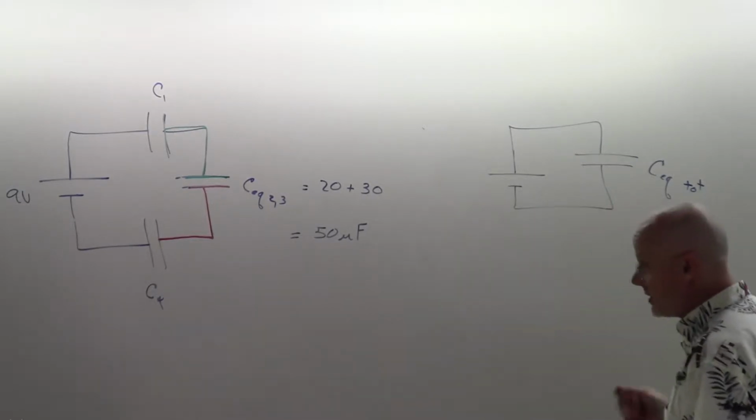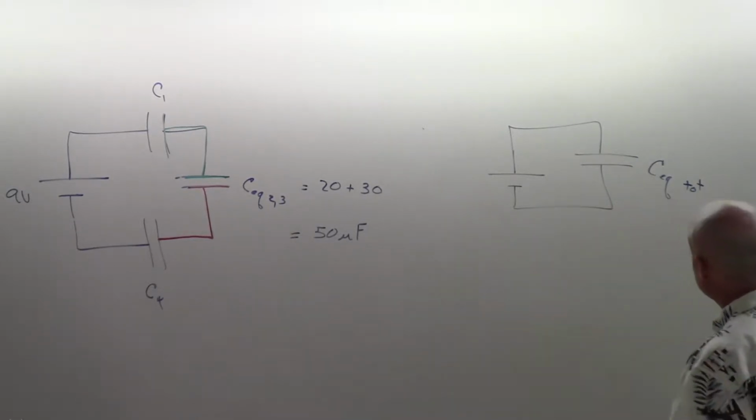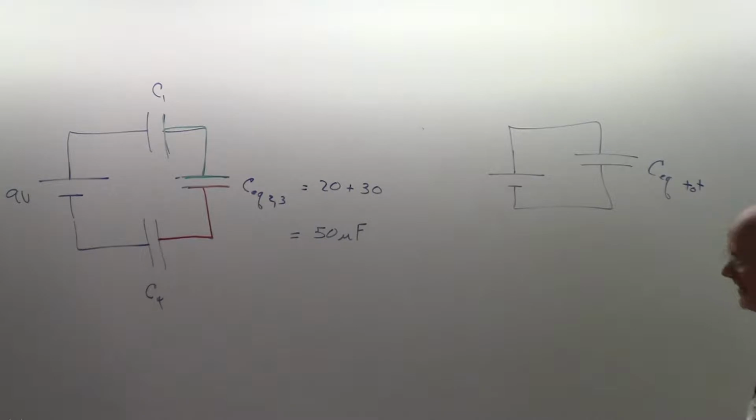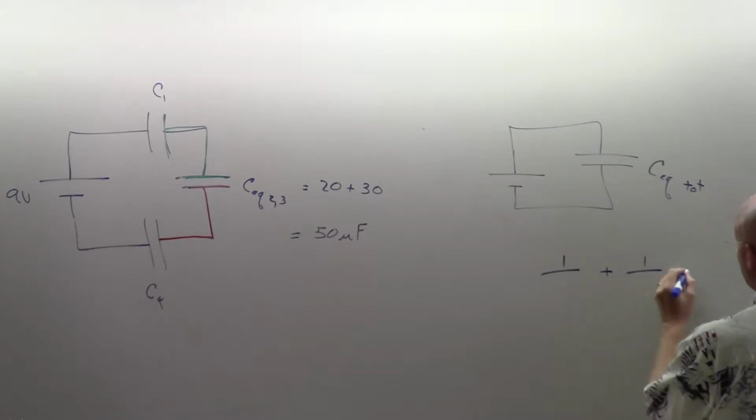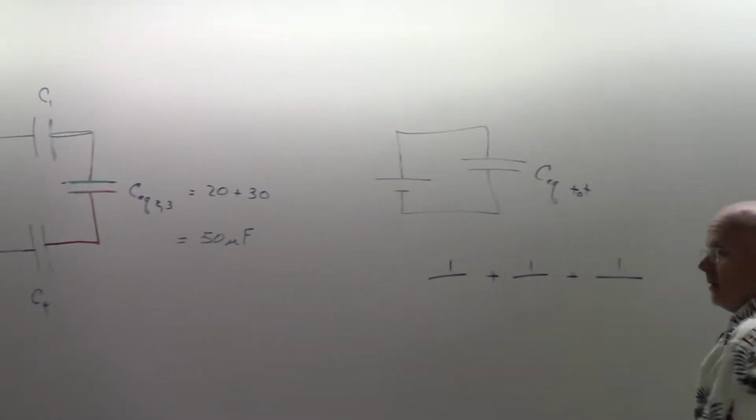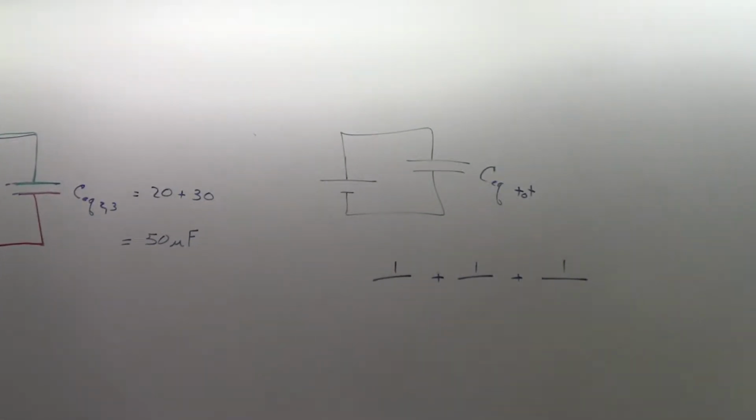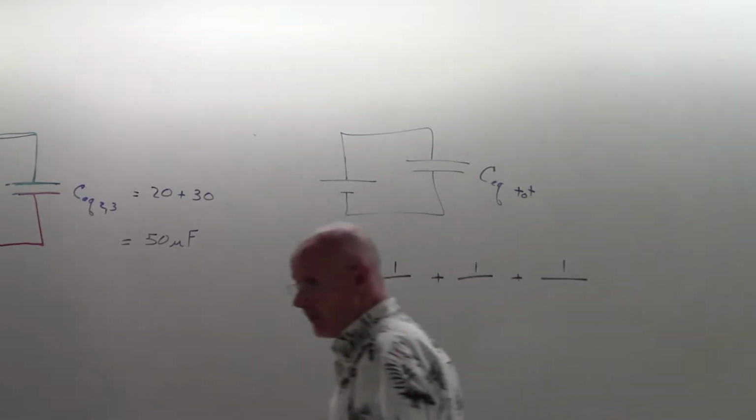Here's a fun one to do. What's the equivalent of this one? Okay, so it's a harmonic sum here, right? And so it's got 3 terms instead of just 2.